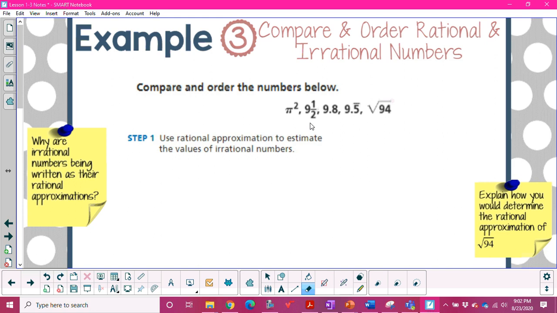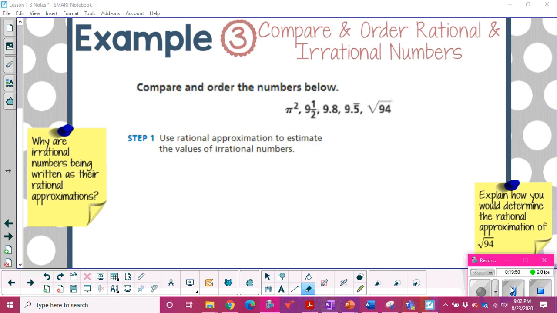Okay, so step one, we're going to use rational approximation to estimate the values of irrational numbers. The irrational ones we're going to look at are pi squared and the square root of 94, but the others are fine. So let's go ahead and do that.